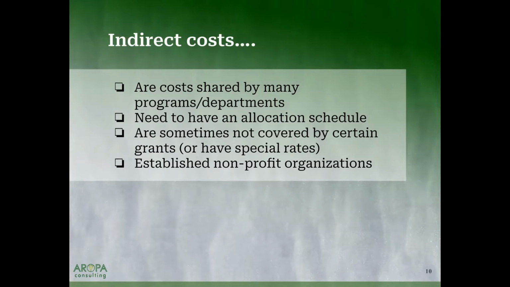Head count is a great way to calculate percentage, and head count just means the number of people that are employed by that particular department or program. So like I said previously, if there's 50 people and 25 of them are a part of the program team, then the program team has 50% of the cost of any of this shared equipment.